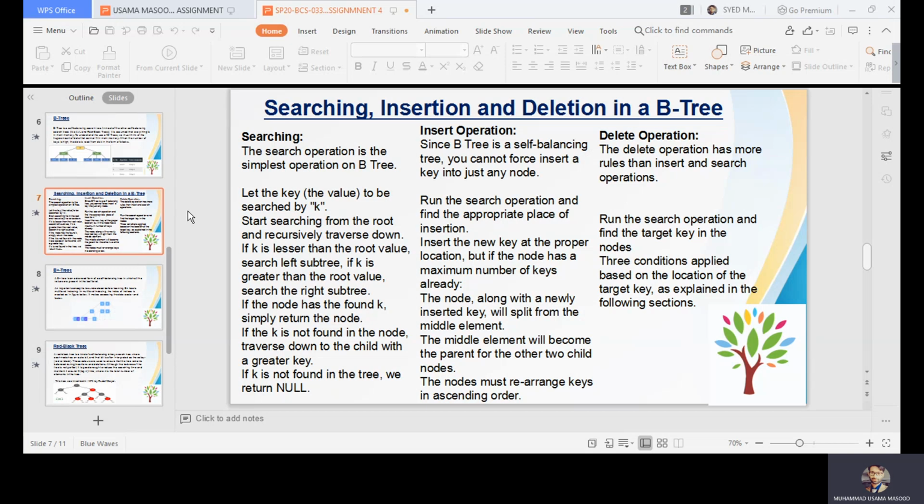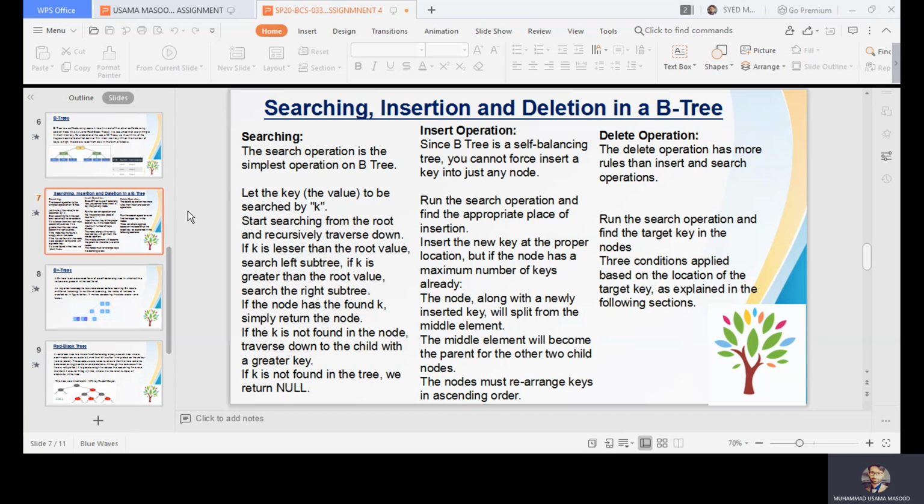If the node has the found k, simply return the node. If k is not found in the node, traverse down to the child with the greater key. This is the whole mechanism of searching, and if the key is not found, then we return a null value.